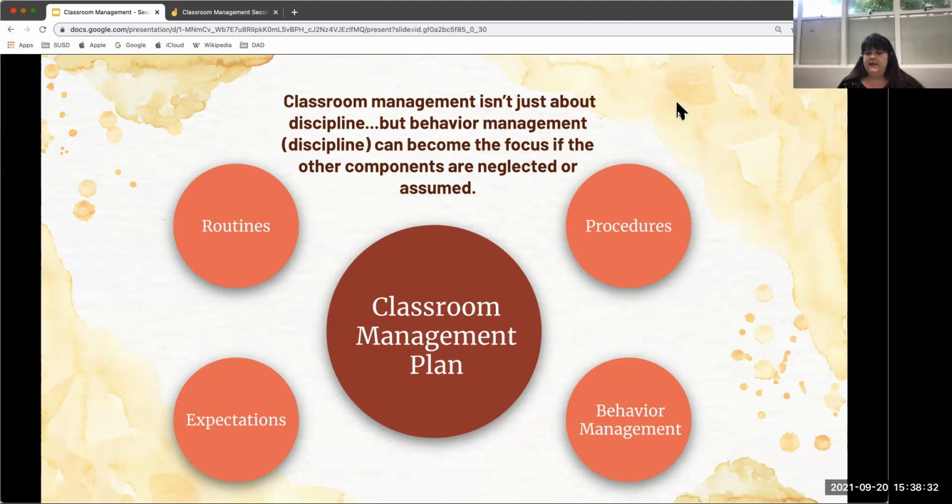I mentioned expectations, right? If you are inconsistent with your behavior management, what kind of troubles are going to occur in your classroom? And then procedures. Do you have a set of procedures? Have you established procedures? So I think it's clear that any one of them omitted could be problematic in all other areas.